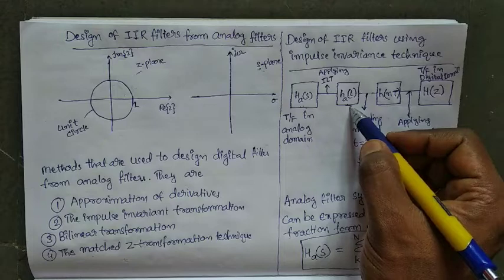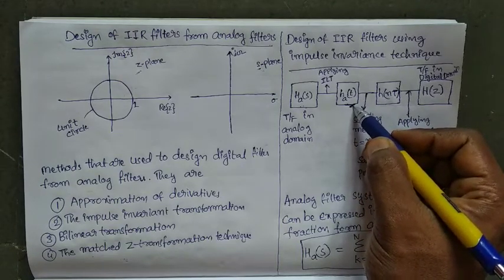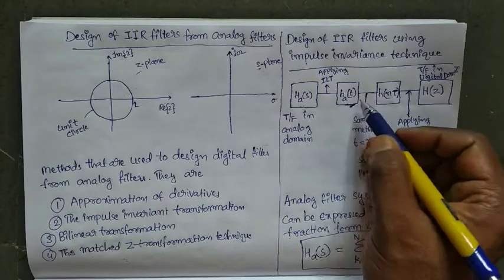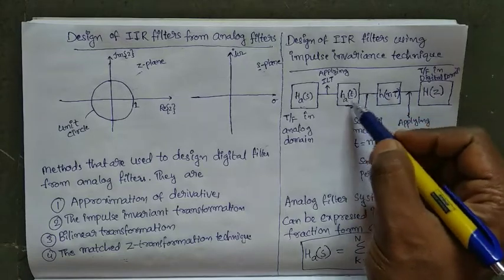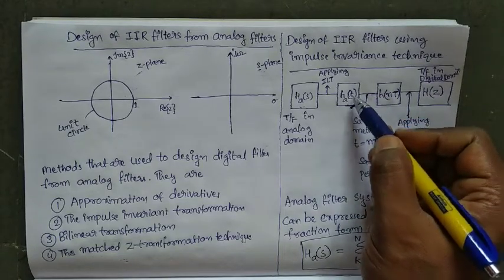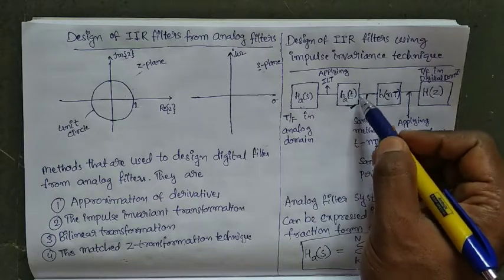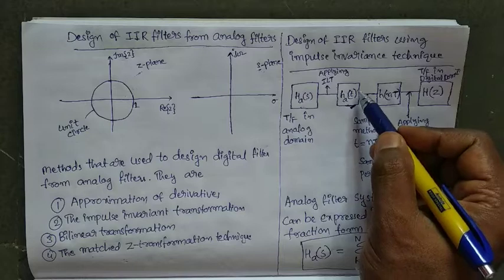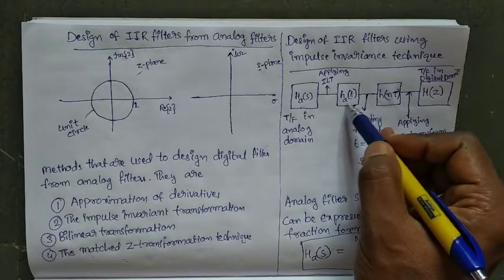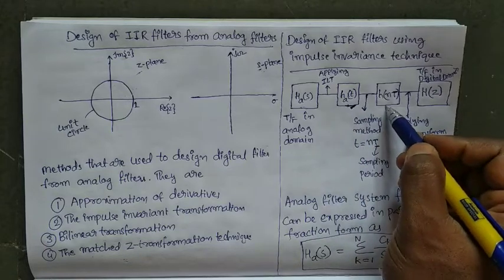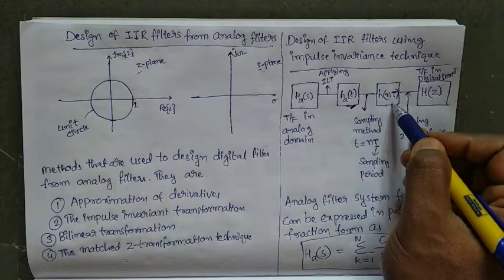Now we convert it into digital form by sampling HA of t at t equal to nT, obtaining the discrete-time signal H of nT.